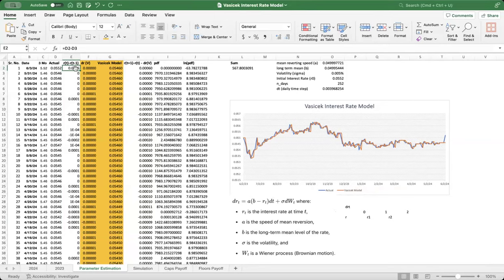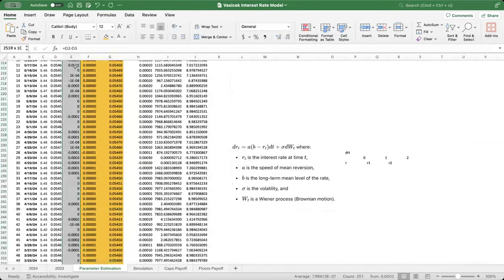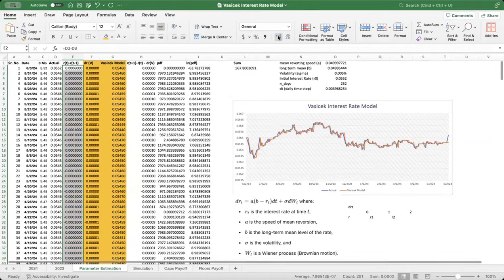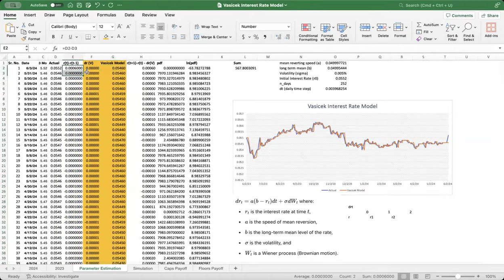As I said, dRt is the change in interest rate. How can we find it? It is the interest rate today subtracted by the interest rate yesterday. Like this, I have calculated the changes in interest rates for the whole 1 year. So these are the changes in interest rate that are happening over the time period.